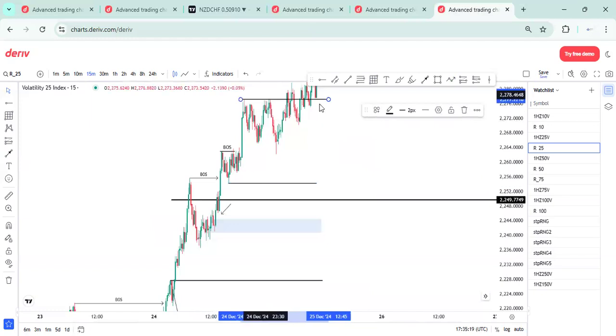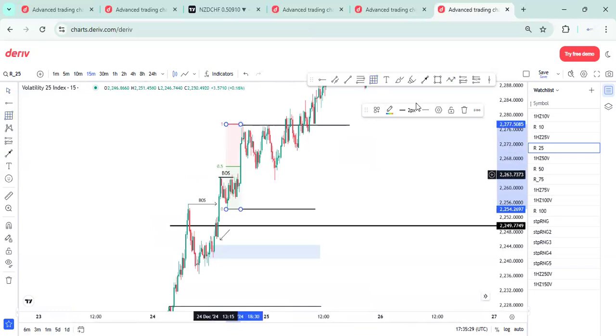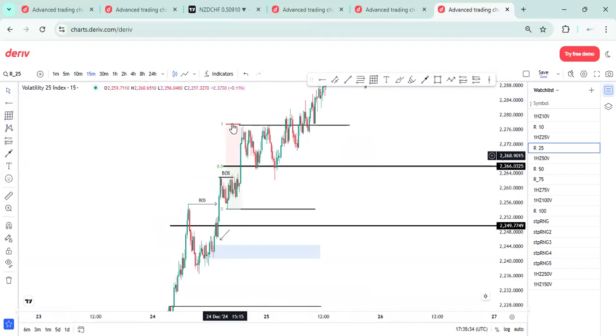This new high. So from our new low to our new high, mind you, we are using the 15-minute time frame. We mark the 0.5 level, delete this one. And below the 0.5 level, what do we find?